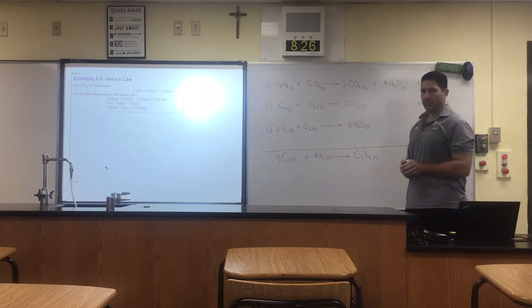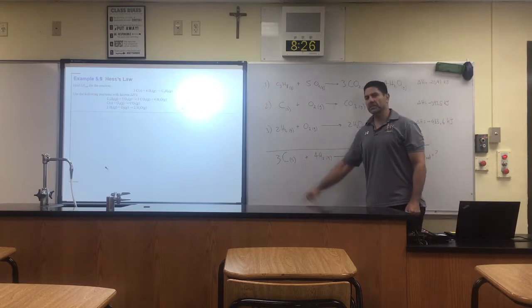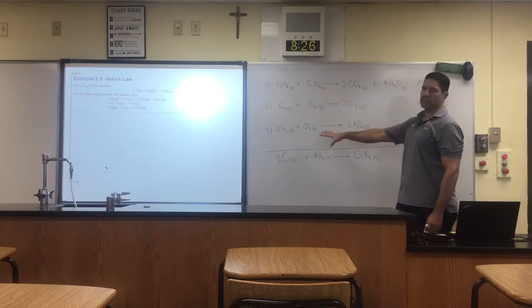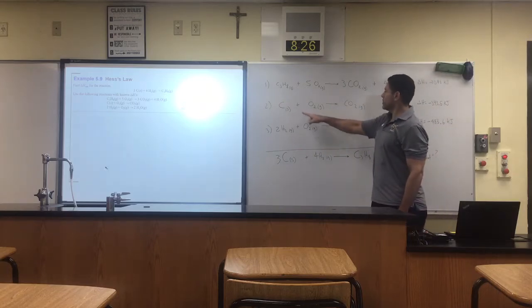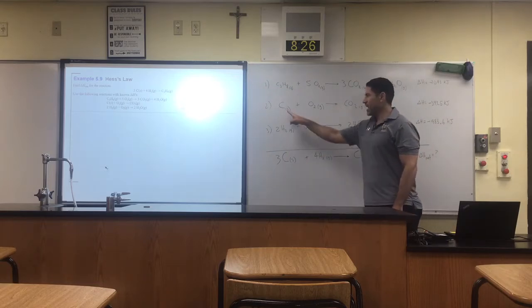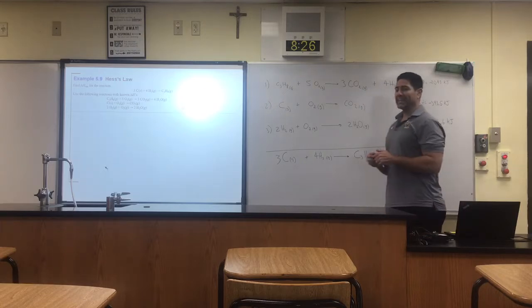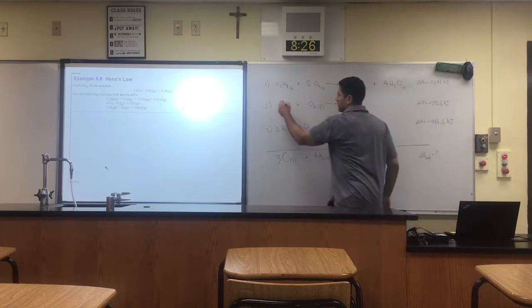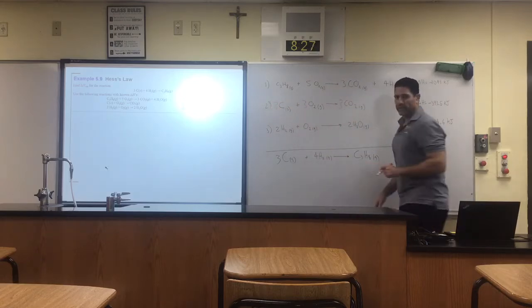If you look at this problem, I usually go in order. There are 3 carbons in the net equation, so look for which equation has carbon. The second equation is the only one that has carbon. There's supposed to be 3, and yet that one only shows 1. So we're going to take that equation and multiply the entire equation by 3.